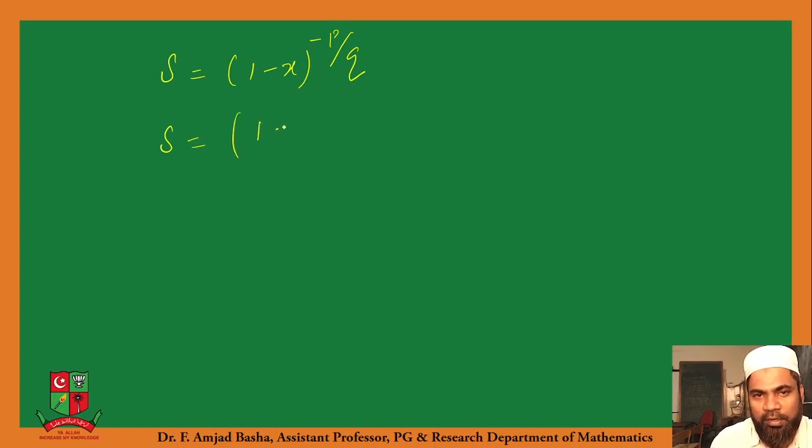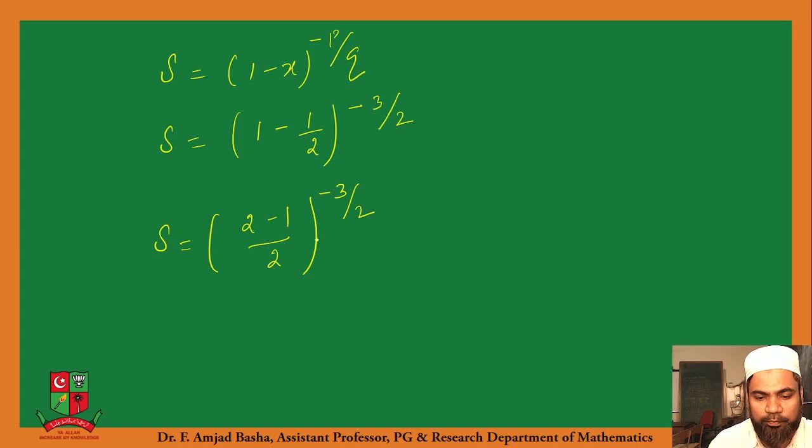So I will be substituting here: 1 minus your x value, which is 1 by 2, the whole power minus; your p value is 3 and your q value is 2. So s is equal to, if you take the LCM, (2 minus 1) by 2, the whole power minus 3 by 2. So s is equal to (1 by 2) the whole power minus 3 by 2.